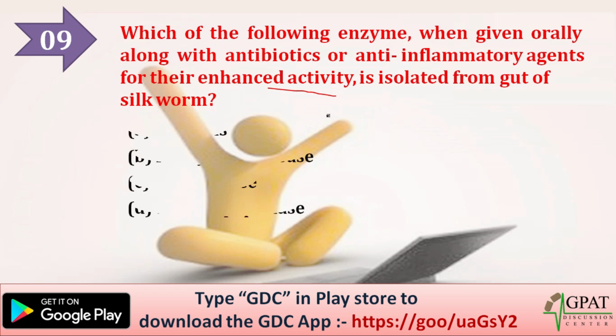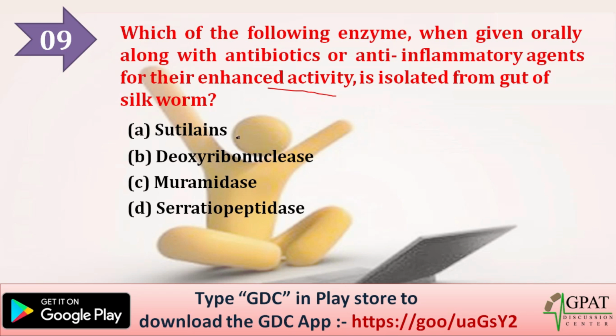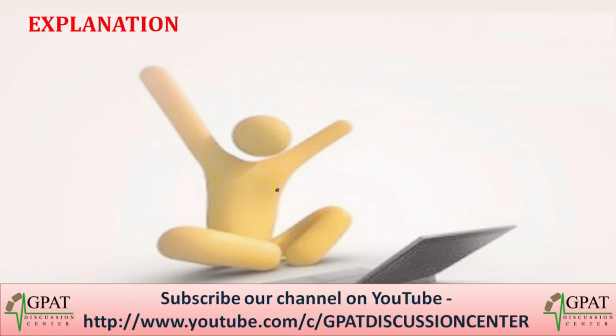The options are option A, subtilisin; option B, deoxyribonuclease; option C, muramidase; option D, serratiopeptidase. So the correct answer is serratiopeptidase, the enzyme which is given orally with antibiotics or anti-inflammatory agents.